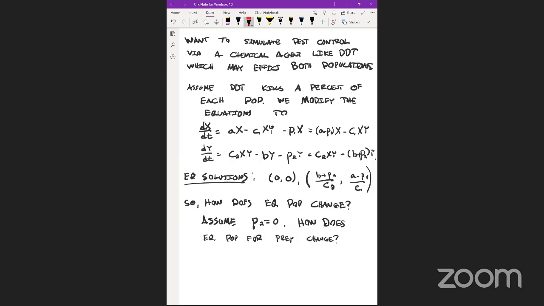Well, this is the surprising answer, and this has actually been observed in nature, and it's been a bit of a problem. The answer is nothing.